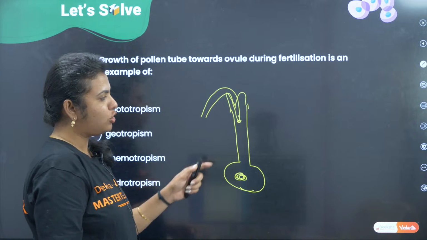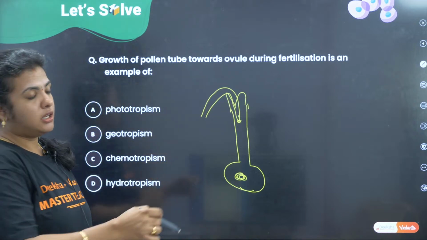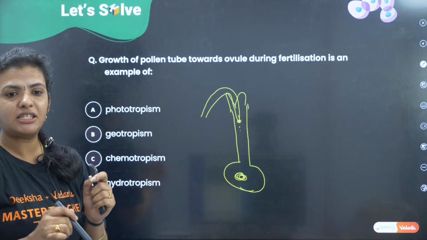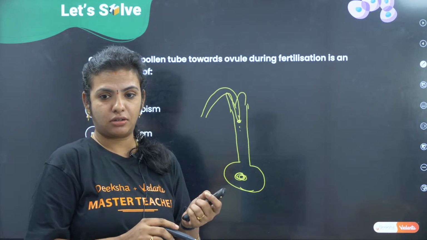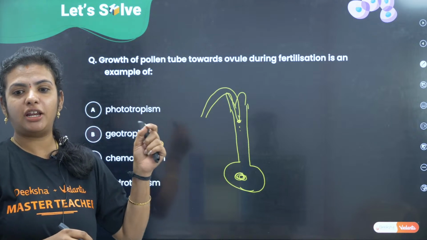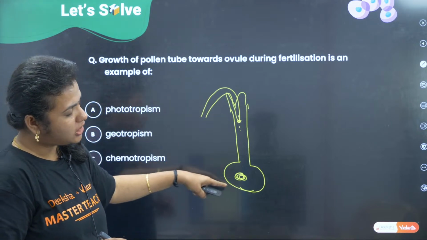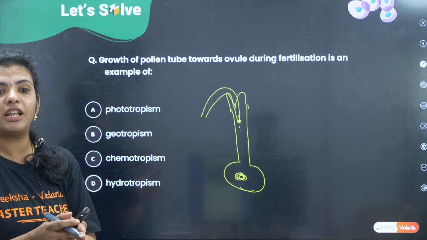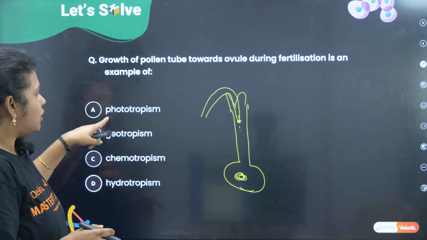This is the pollen tube which is carrying the pollen grain. On what basis does this pollen grain correctly go and fertilize the egg? How does the pollen grain know that it has to go to this particular region for the process of fertilization?